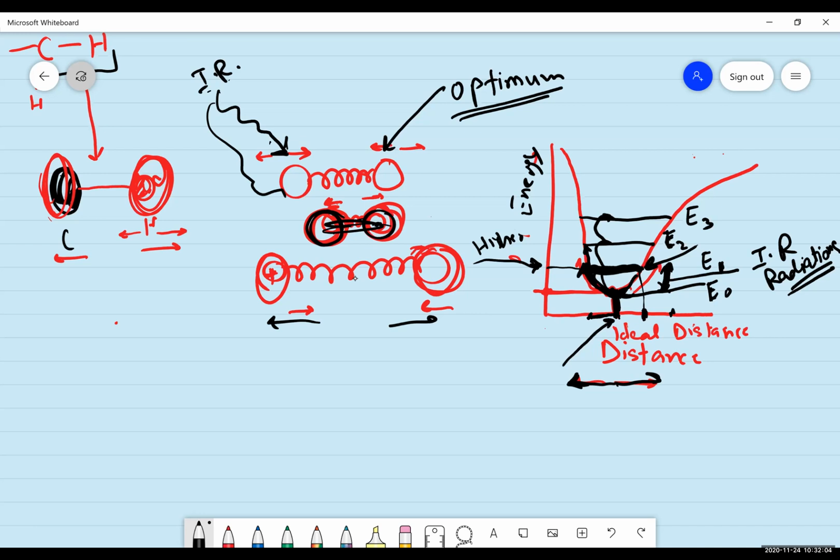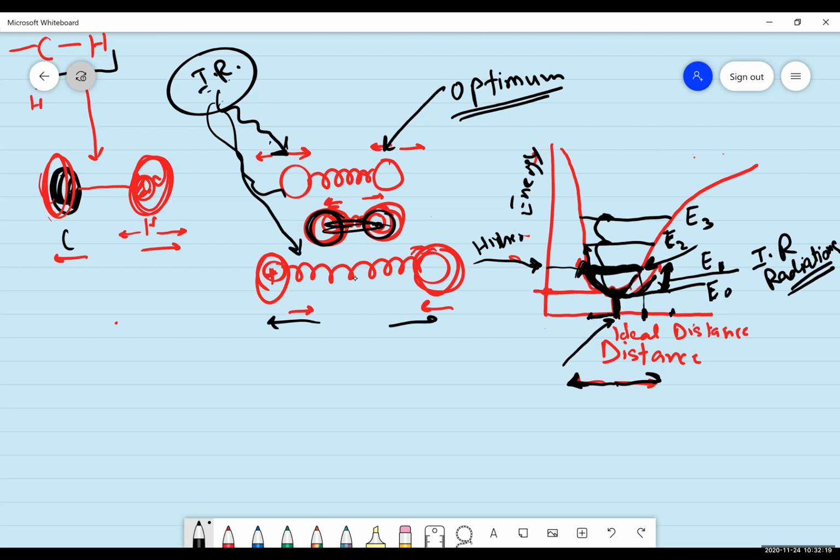That energy has to come from somewhere, and that matches up with infrared. Or if the bond is stretched, even then it needs energy, and that energy comes from infrared.